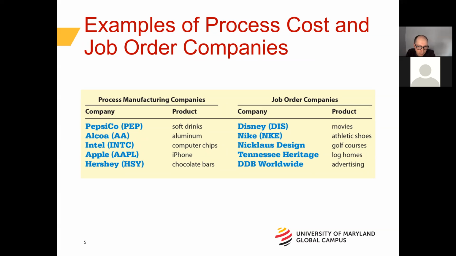A lot of these are companies that you all had selected for your 10K project. And those companies that continuously manufacture regardless of customer order, we call those process manufacturers, because they continue to process the product into a finished good. And it's done regardless of customer order.